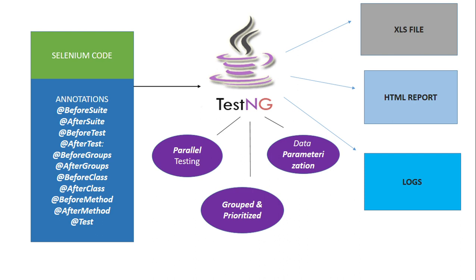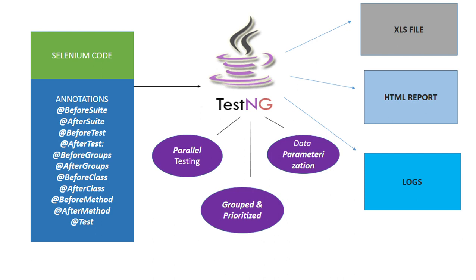This is known as grouping of the test cases. Means you can easily run only that particular group which is used for the login page. So are you getting what is meant by grouping? And prioritization means you are assigning the priority to the test case for running.